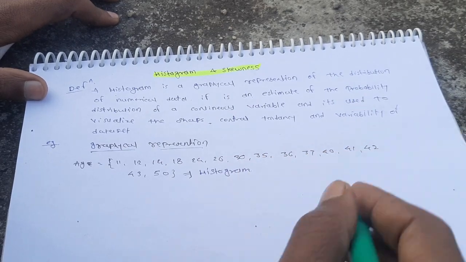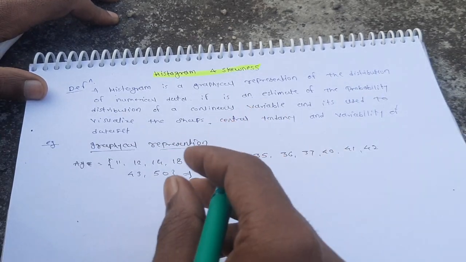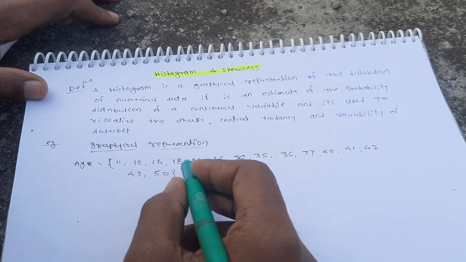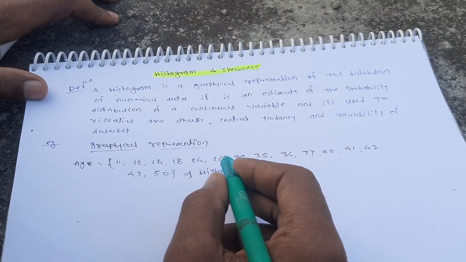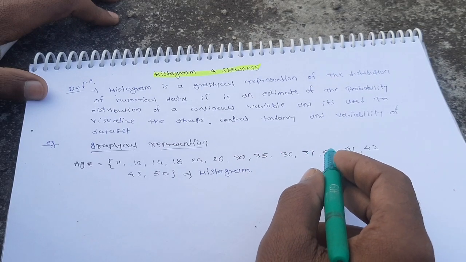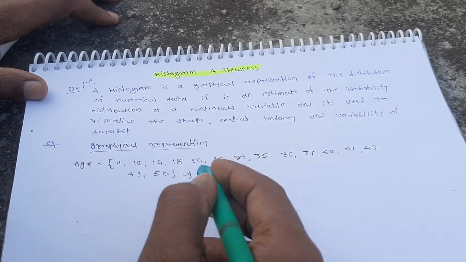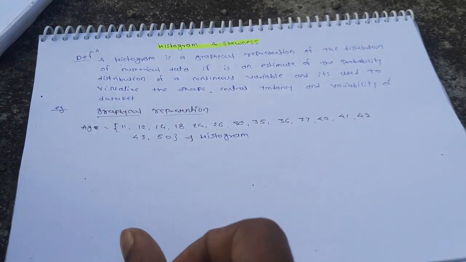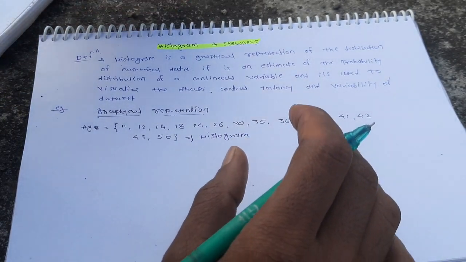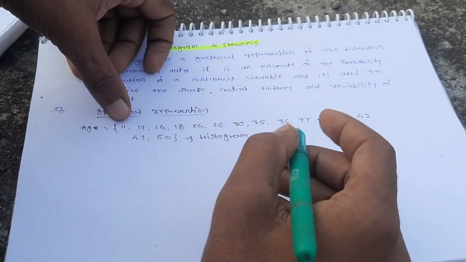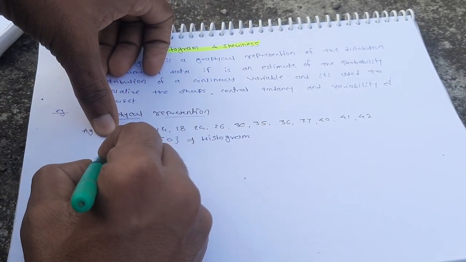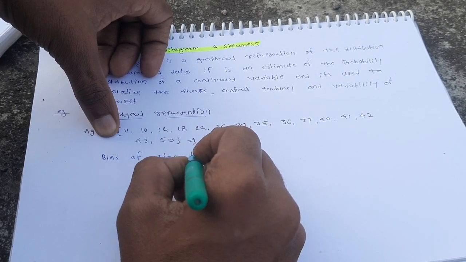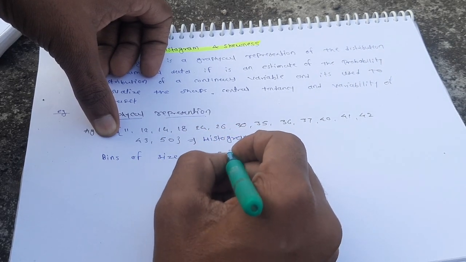We start with the graphical representation. We have data points. First, let's understand an example of a histogram, with data like 11, 12, 14, 15, 18, 24, 26, 30, 35, 36, 37, 30, 40, 41, 42, 43, and 50. First we define the range: the bin range is between 0 to 50.